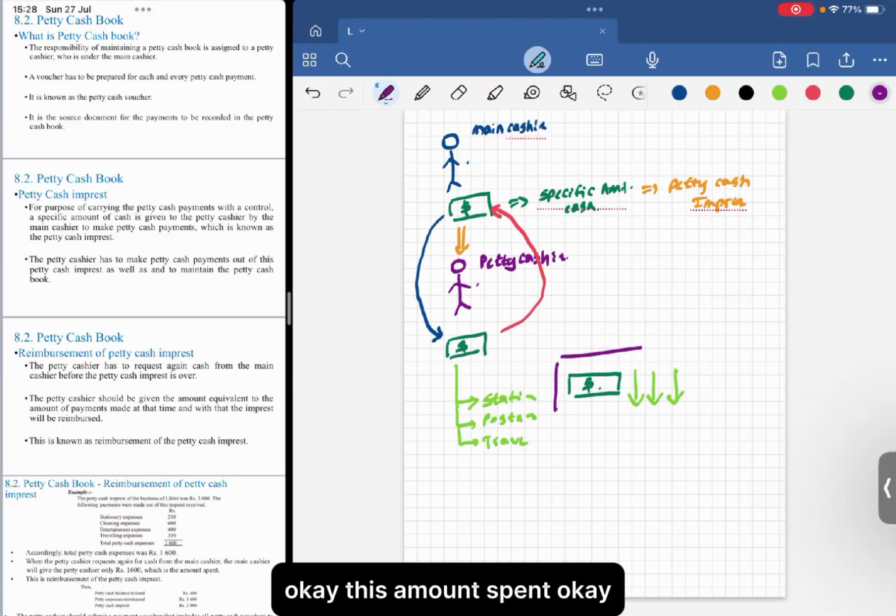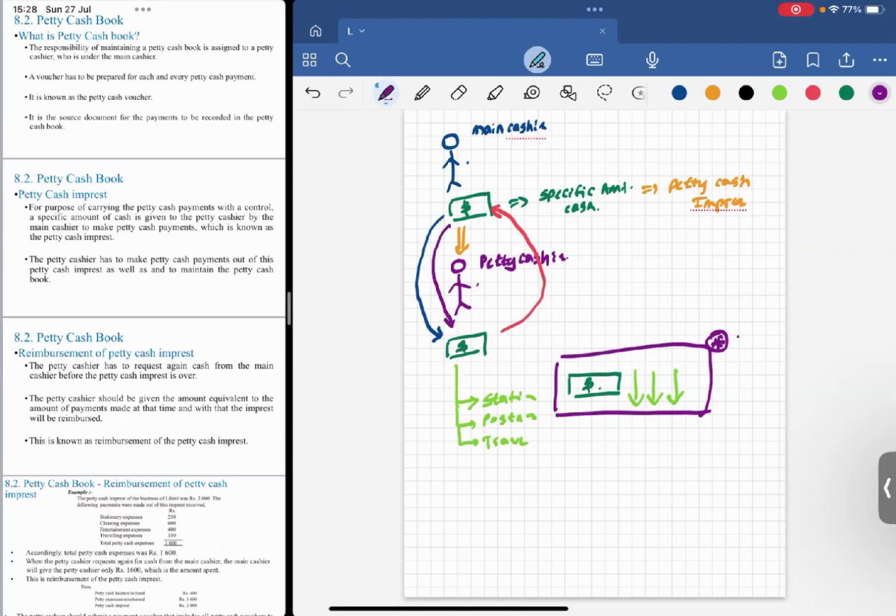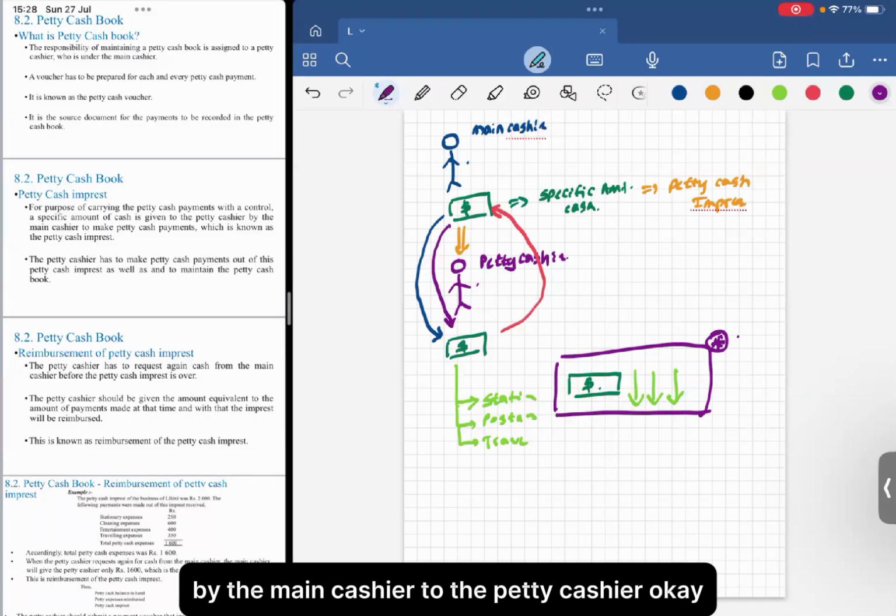Then the main cashier will give this amount spent. The amount spent will be reimbursed by the main cashier to the petty cashier.